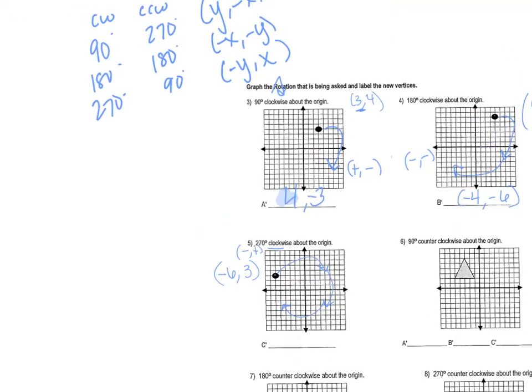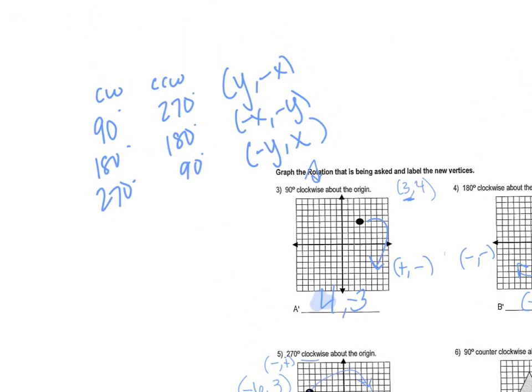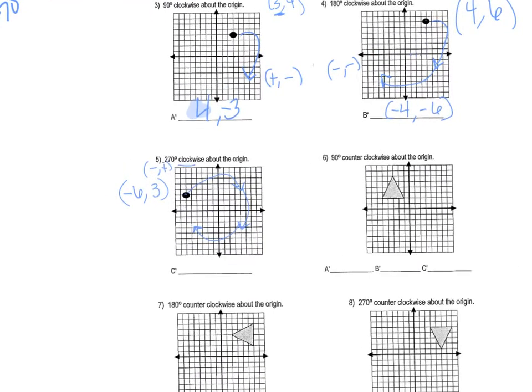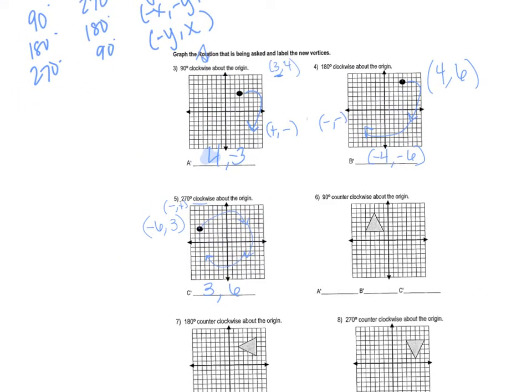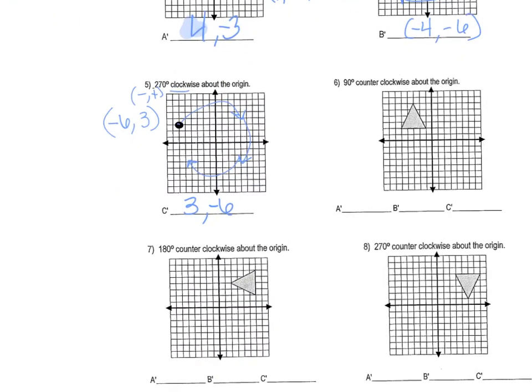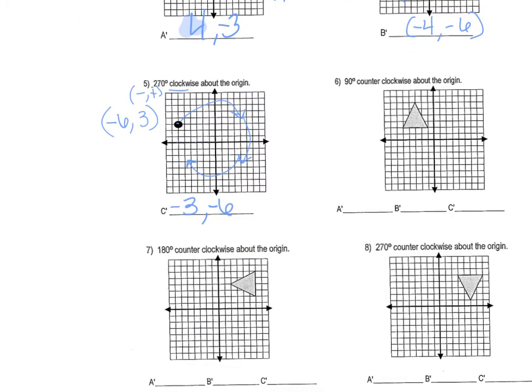And what's our rule for 270 clockwise? They flip. So instead of -6 and 3, it's going to be 3, -6, and your Y value becomes negative, or the sign in front changes. So -3, -6.